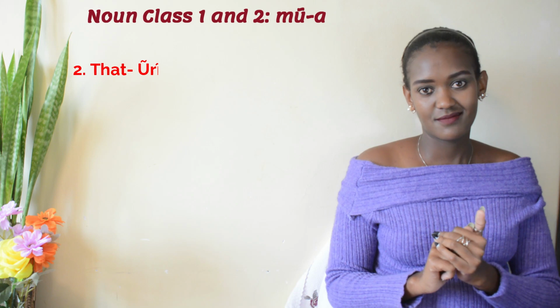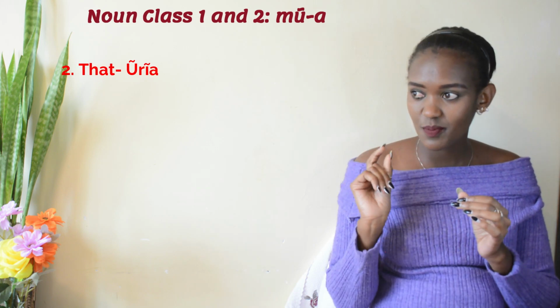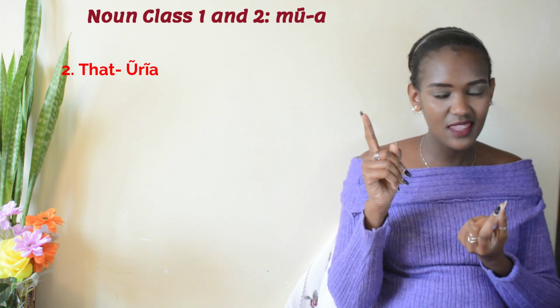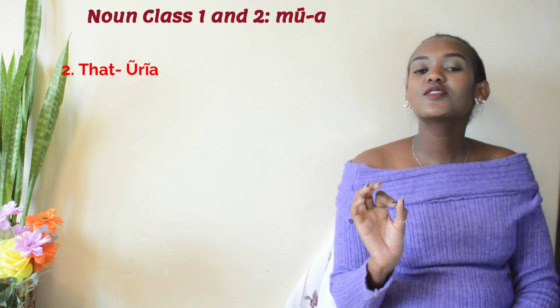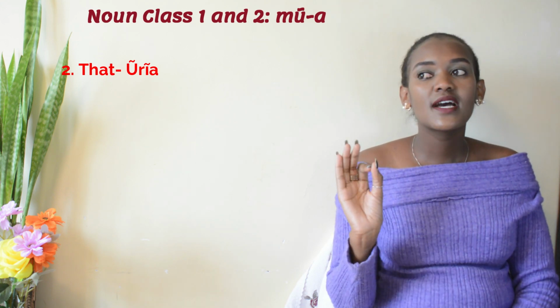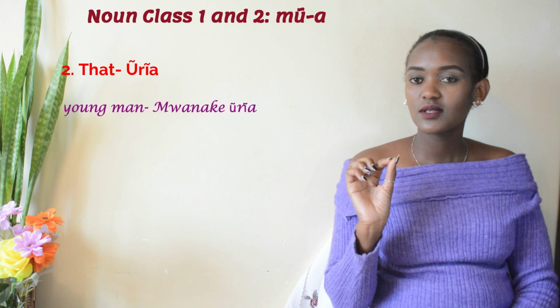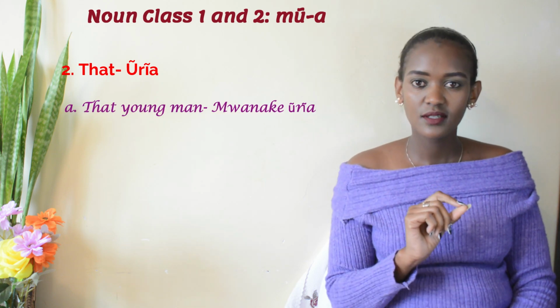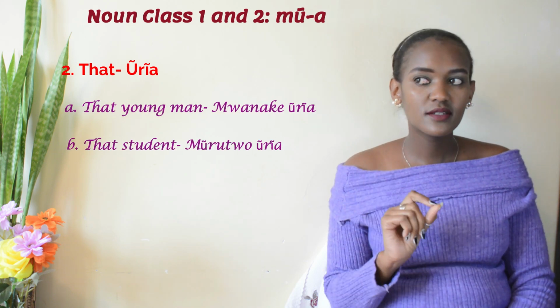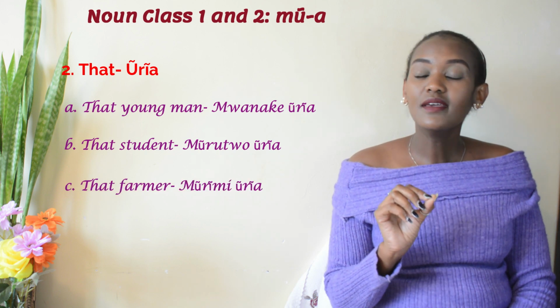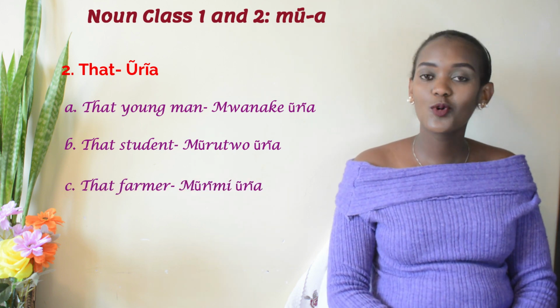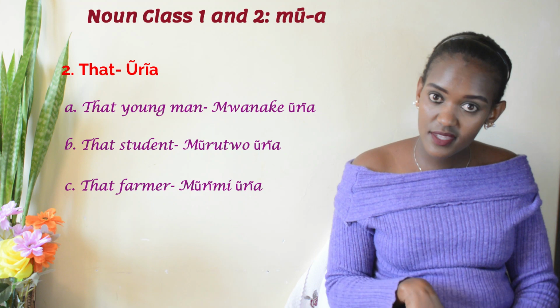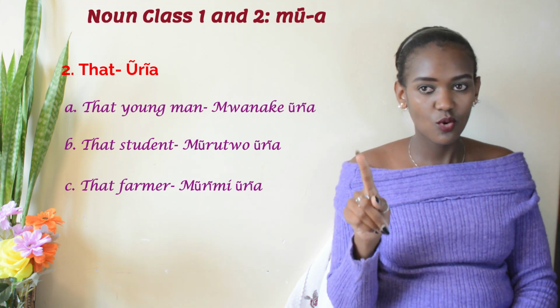Okay? If we wanted to say that person, maybe I can see them like that person, I'm going to say oria. Mwanake oria. Moruto oria. Moremi oria. Okay, so it will be oyo, this, and that will be oria.